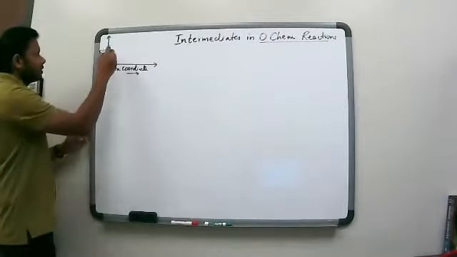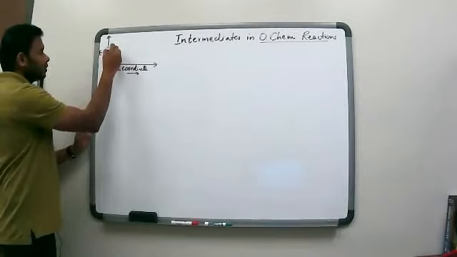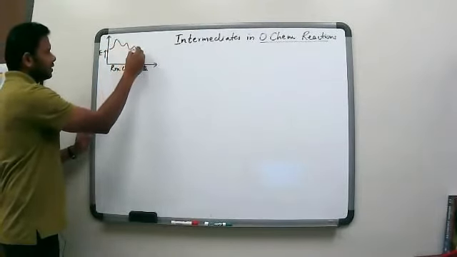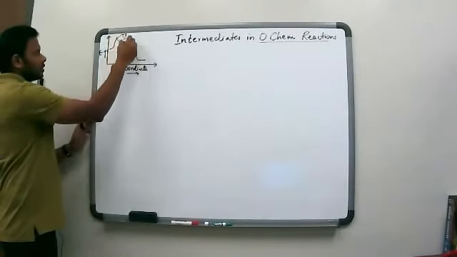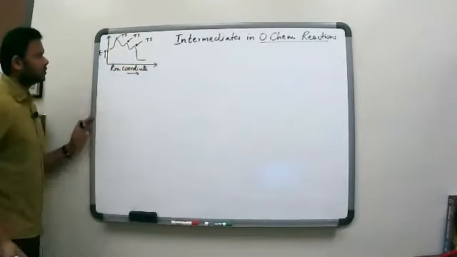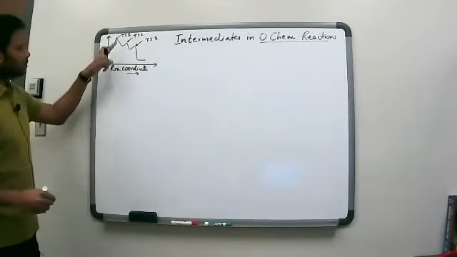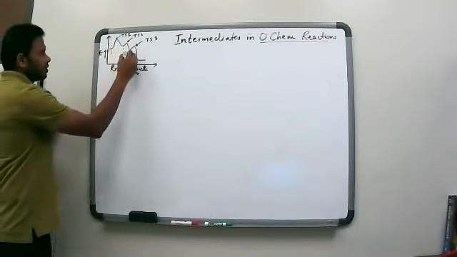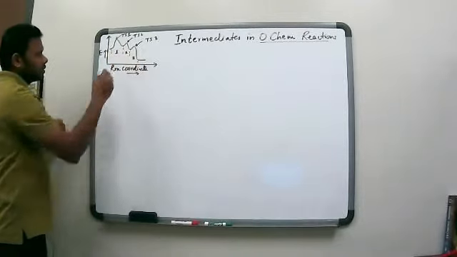For most reactions, you start from your reactants and then go up in energy through transition states. That's a transition state, this is another transition state, and this is a third transition state. So we are looking at a reaction that goes through 3 steps: this is step 1, this is step 2, and this is step 3.